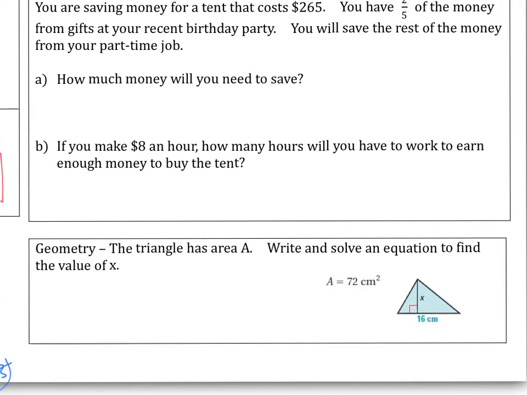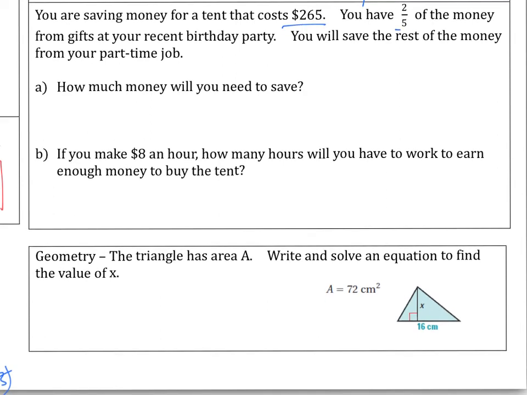You're saving money for a tent that costs $265. You have 2/5 of the money from gifts at your recent birthday party. You will save the rest of the money from your part-time job. Part A, how much money will you need to save? So if 2/5 is already saved, then you still have 3/5 to go.